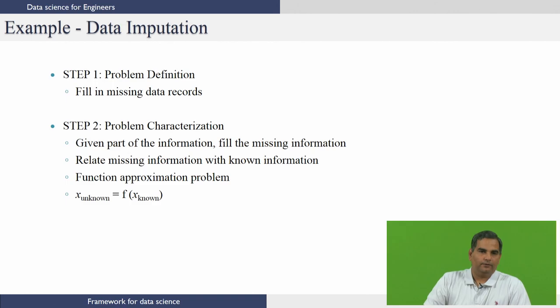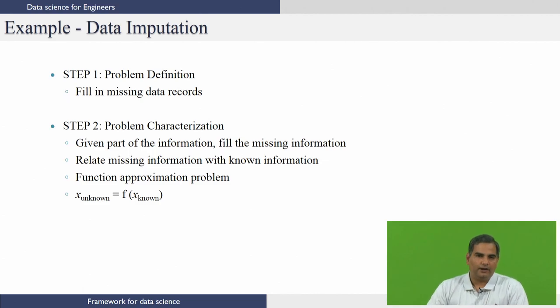Now, we drill down a little more and go on to step 2, which is: what type of problem is this? In this simple case it will turn out to be one type of problem that I am going to talk about, but in more complicated cases it might be a combination of these basic problem types. For this example the problem characterization goes like this: given part of the information, which is the data that is available, fill the missing information.